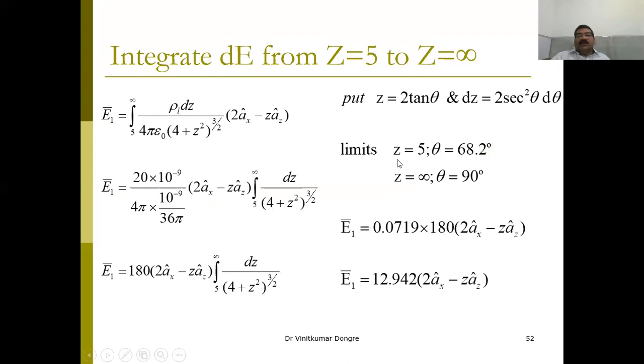The limit will be z from 5 to infinity, so accordingly you have to change. By putting z equals 5, you can calculate the value of theta simply using your calculator. By putting z equals infinity, the value of theta comes 90 degrees. So you got this, and by putting the limits, you will get this answer. So this is E1.